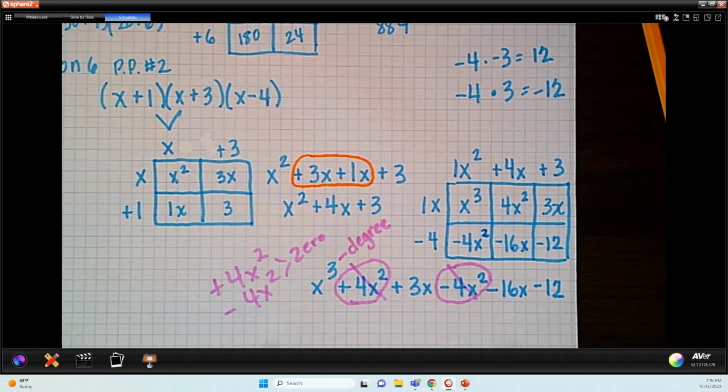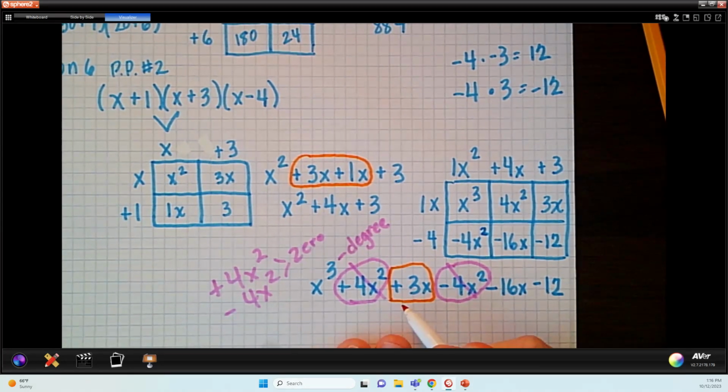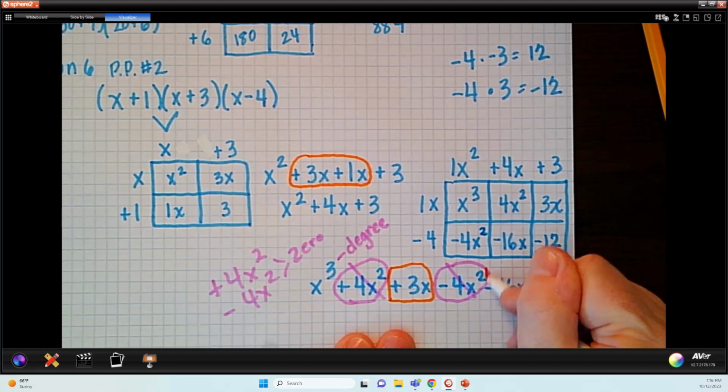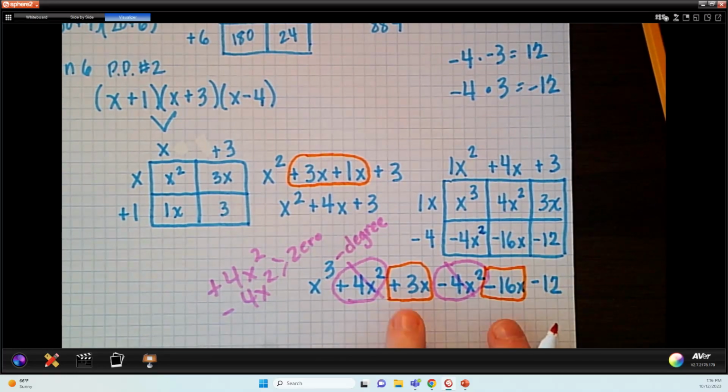Okay, that's my one pair. Now I see I have another like pair. I have a 3x, and notice I'm circling the positive in front of it. Positive 3x, negative 16x. That makes a negative 13x.